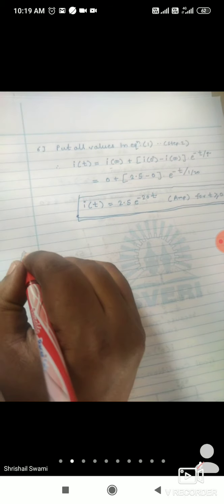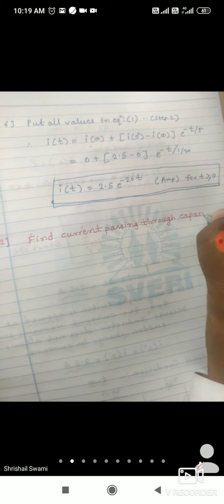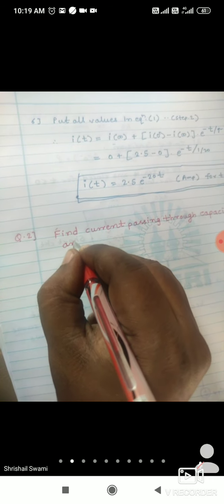So question number 2. Find current passing through capacitor and voltage across capacitor.